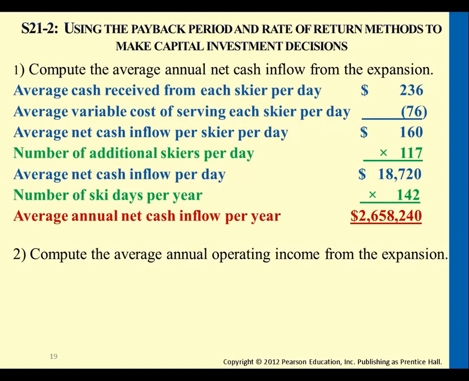All right, so let's leave it at that. Now let's try to calculate the average annual operating income from expansion. You're going to put this part of the PowerPoint on as soon as we're done with this.